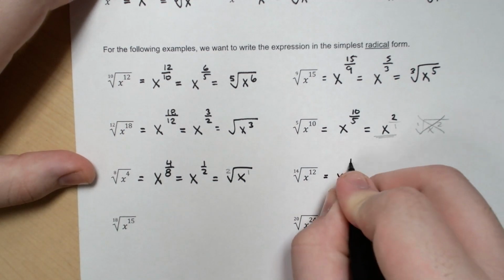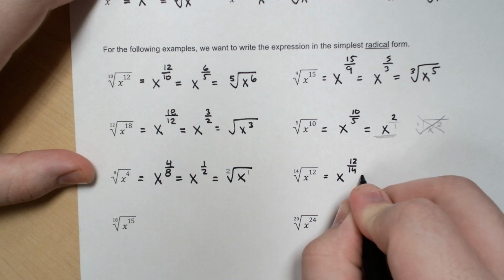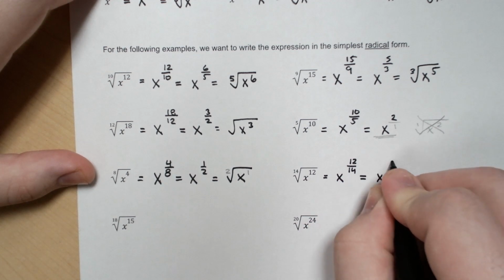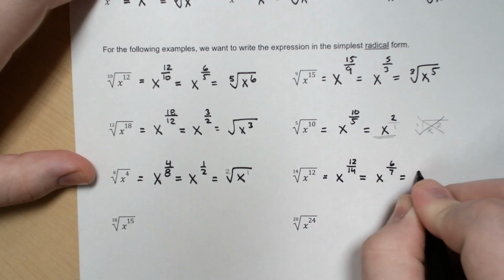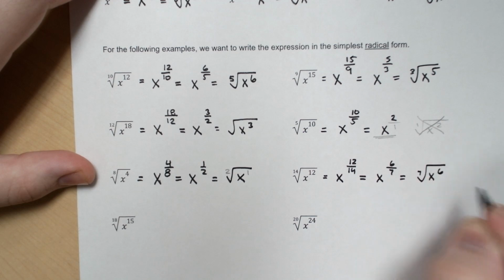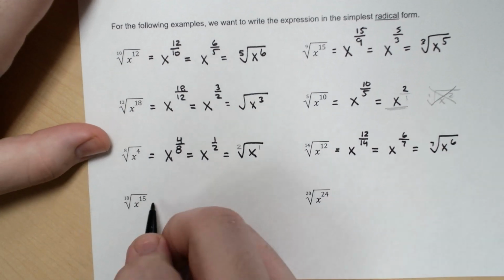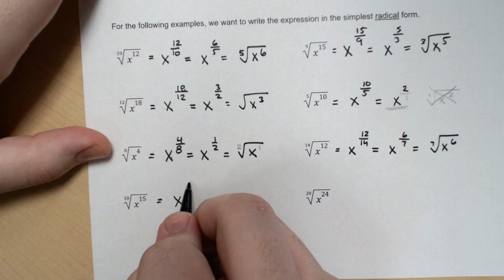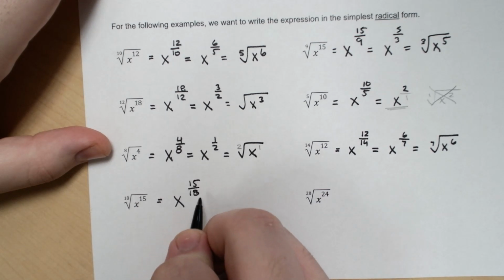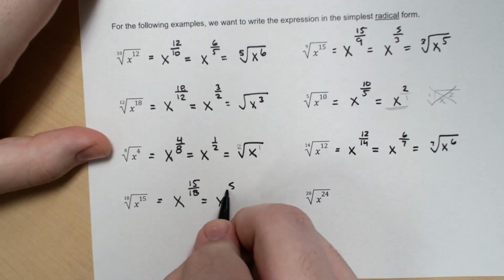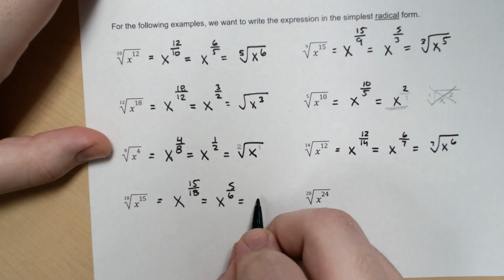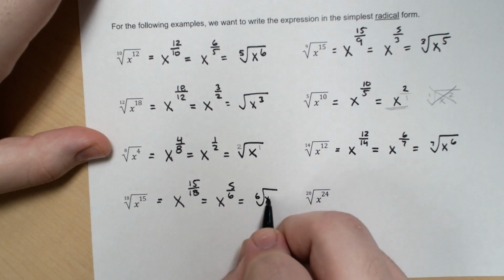Next one would be x to the 12 over 14, which reduces down to x to the 6 over 7, which gives us the 7th root of x to the 6th power. And we've got x to the 15 over 18, which reduces down to x to the 5 over 6, which gives us the 6th root of x to the 5th power.